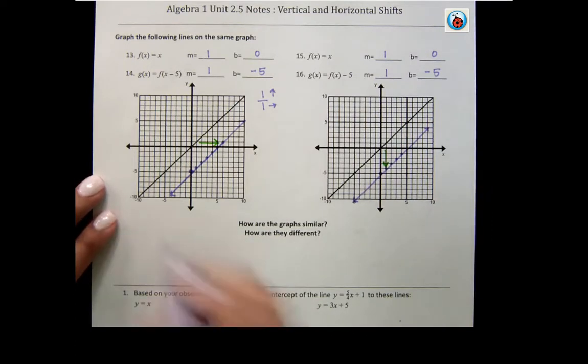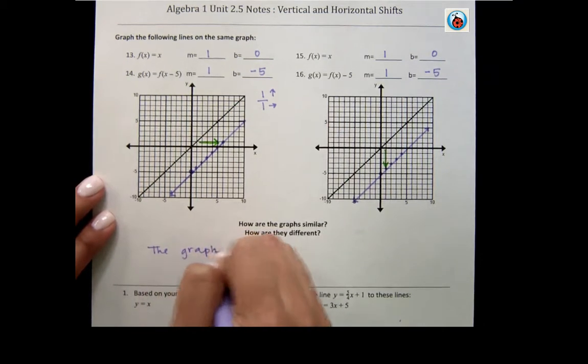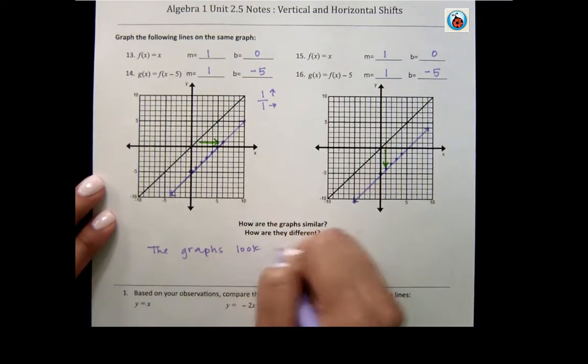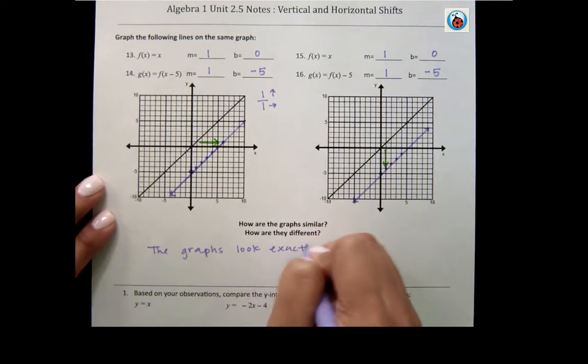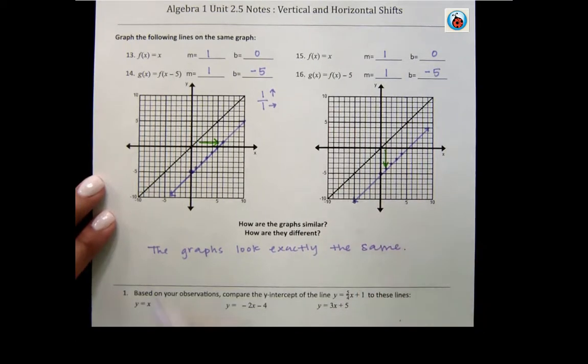So how are the graphs similar? The graphs look exactly the same. The difference is the shift. How are they different?